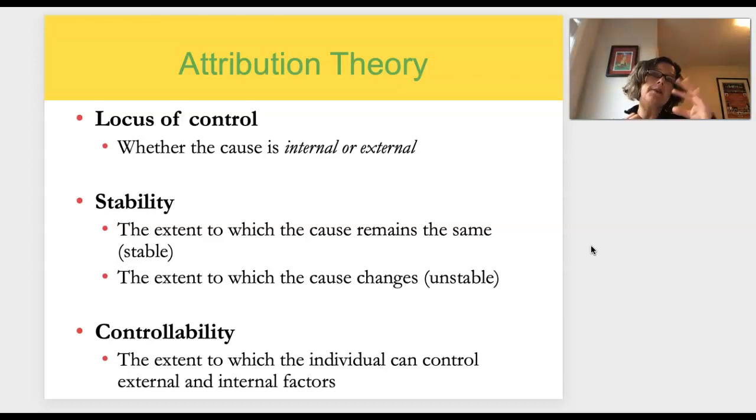And when somebody else succeeds, like say in this race situation, one tends to credit external, so the rain, the rock in the shoe. This again is because we want to save face. So internal, usually we take the credit when we're successful. External, usually when we're unsuccessful, we blame external issues.